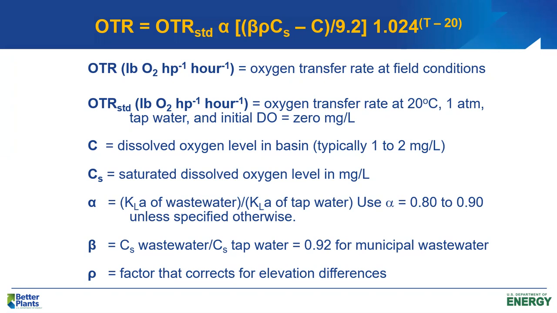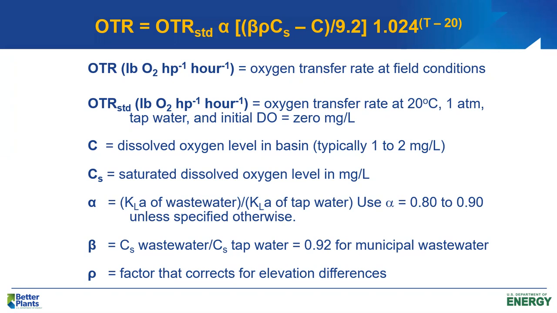Well, the main reason for that is because mixed liquor temperature in the summer may be 28 degrees C. Mixed liquor temperature in the winter may be 10 or 12 degrees C. So during the summer, the endogenous respiration rate of the biomass is going to be much higher.